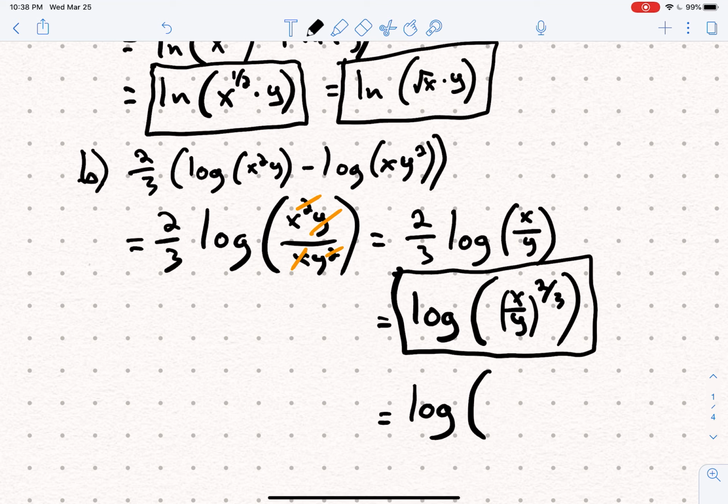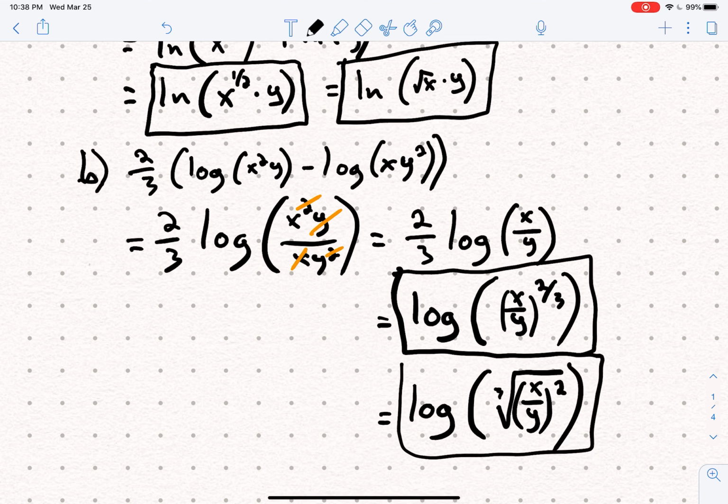We're going to do the cube root of x over y, and the x over y is squared. So this is a fine version of the answer to this. I would accept either one of them. Okay, pause, go work on problem 3, part C, and then come on back and we'll go through it together.